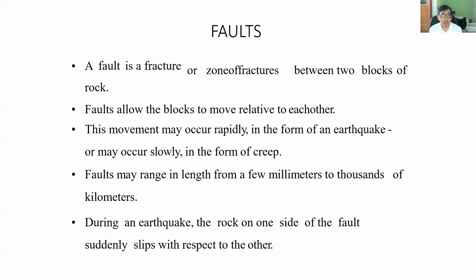This movement may occur rapidly in the form of an earthquake, or move slowly in the form of creep. Faults may range in length from a few millimeters to thousands of kilometers.